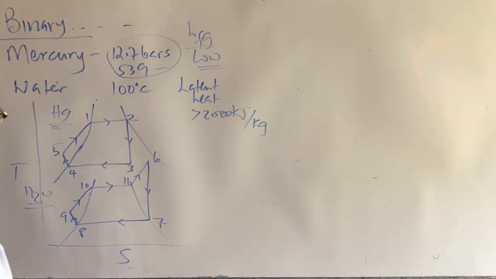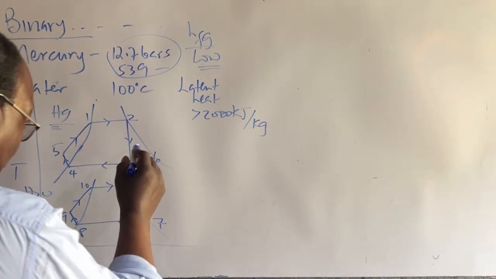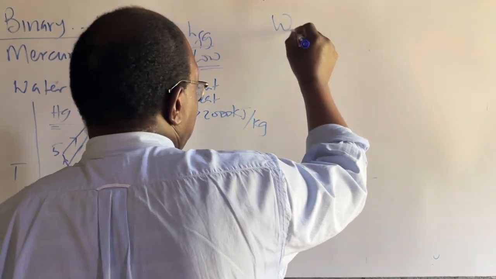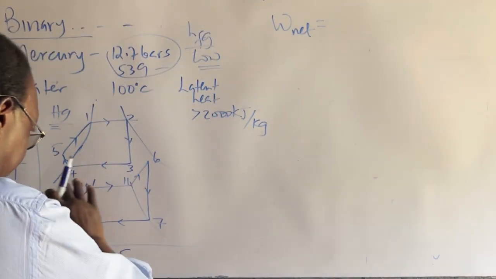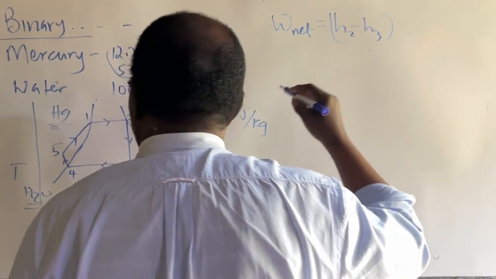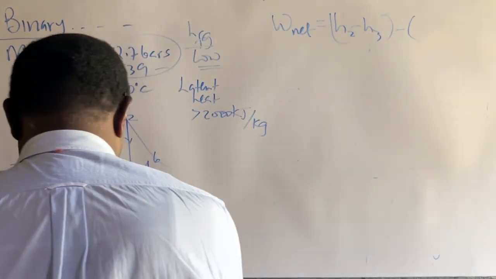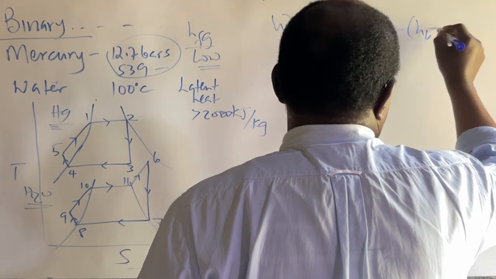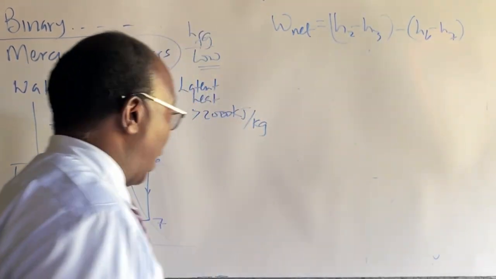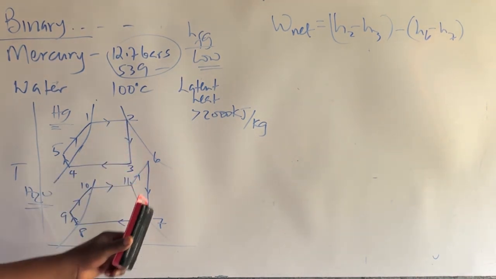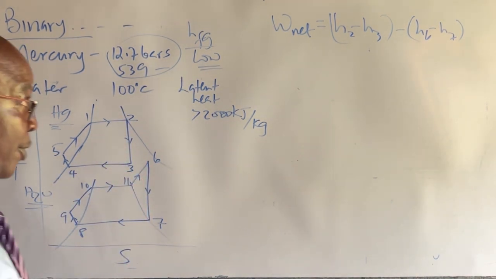So, when you condense the mercury vapor, remember it's our turbine output, just the W net in terms of these two systems, the W net here will be H3 minus H6 minus H7, based on our markings of the state points, 2 to 3, 6 to 7 for the system. So the net work is that.